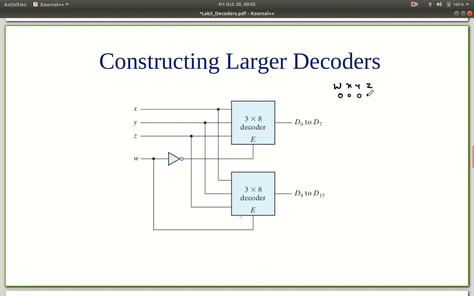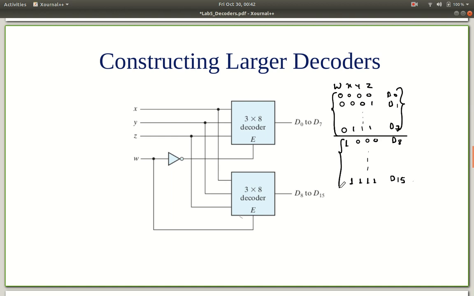When all are 0, we want D0 to be asserted, D1 and so on up to D7, and when W is 1, then we need to assert D8 to D15. Notice that when W is 0, 1 out of D0 to D7 is asserted, and when W is 1, 1 out of D8 up to D15 is asserted depending on the value of the other bits X, Y, Z.